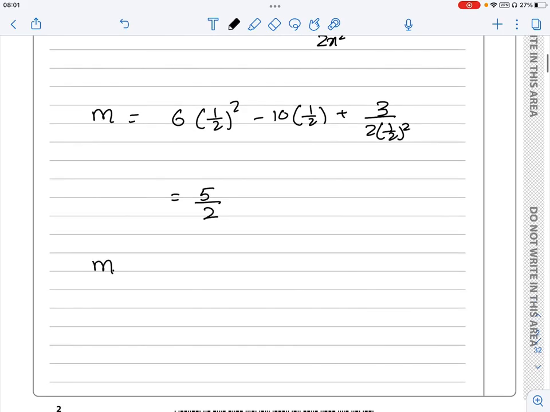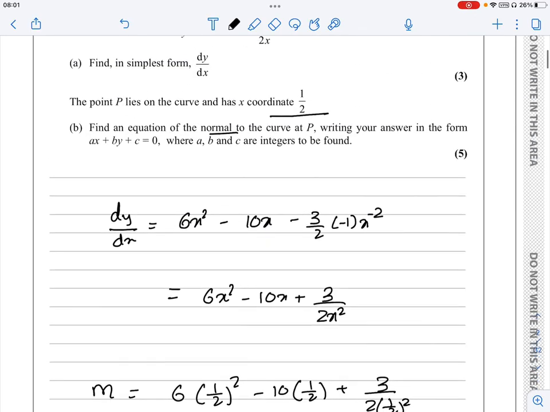So the gradient of the normal will become the reciprocal and change the sign: minus 2 upon 5. Now I need to get the y value also, because the x value 1 upon 2 is given.